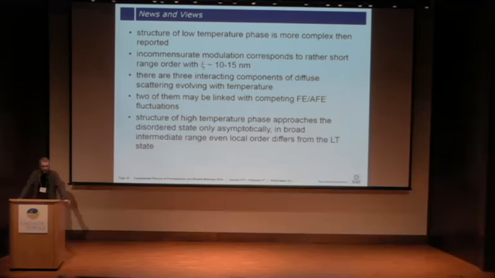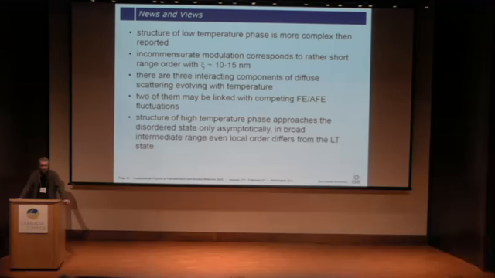Then, the incommensurate modulation corresponds to rather short range order with 10-15 nanometers correlation length. Is it fixed by chemical disorder? I don't know yet. There are three interacting components of diffuse scattering evolving with temperature, and two of them may be linked with competing ferroelectric and antiferroelectric fluctuations.